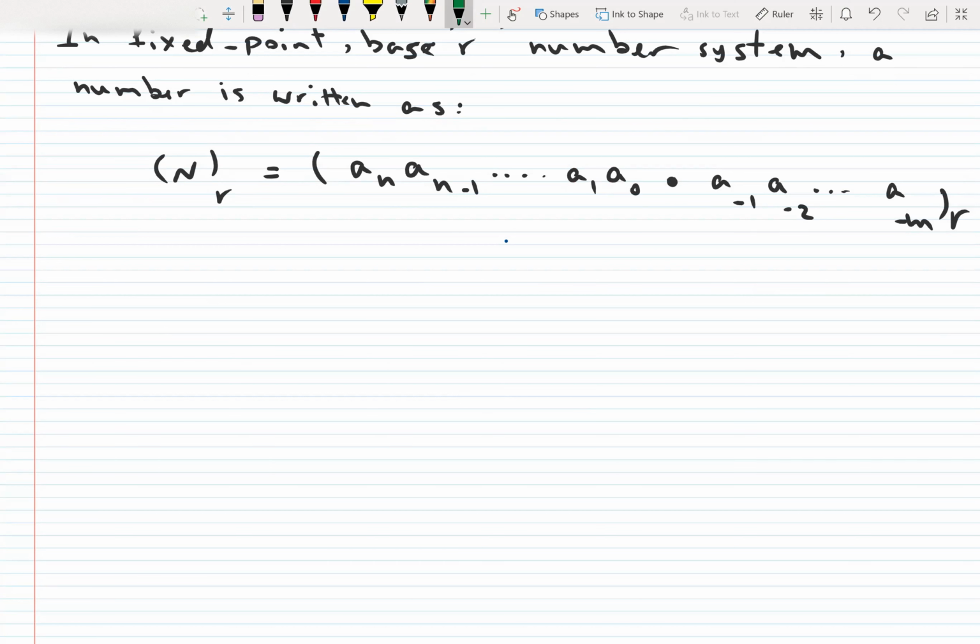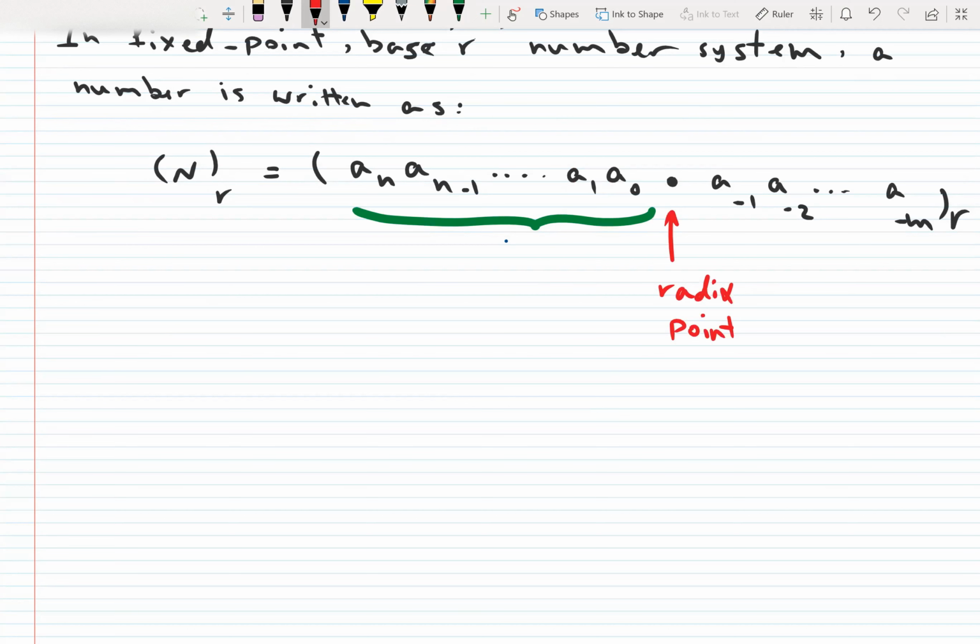Before this point, we call it the radix point.